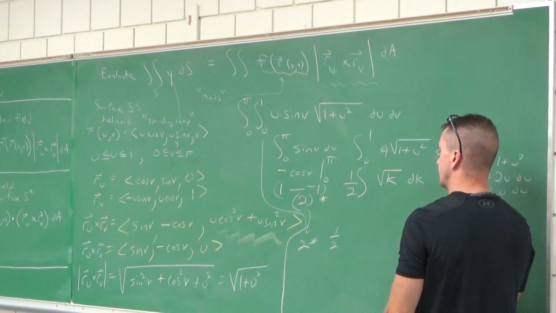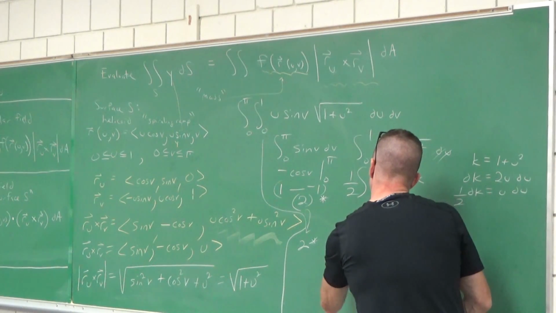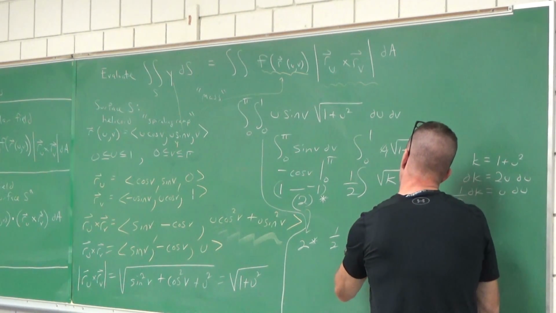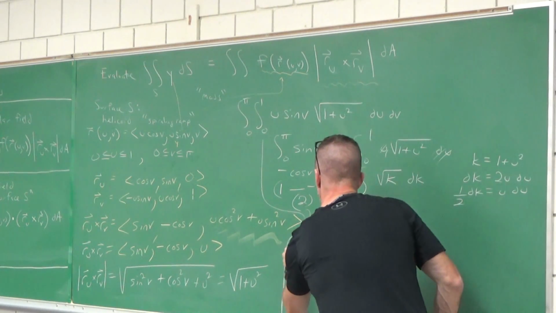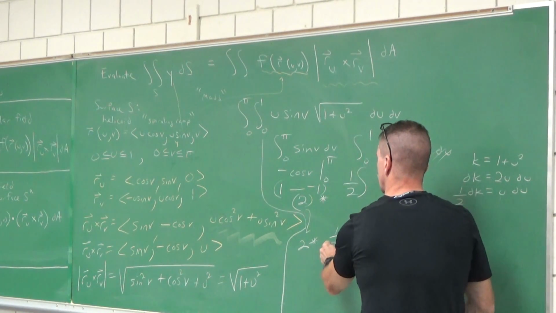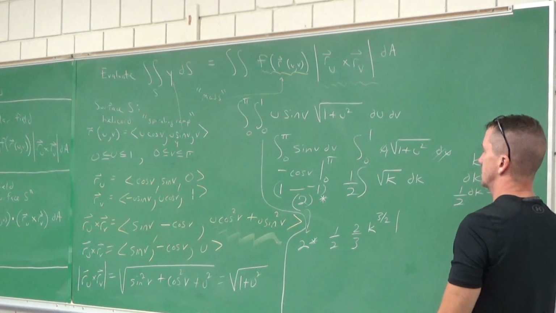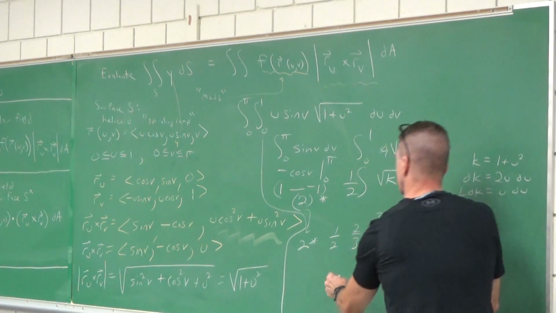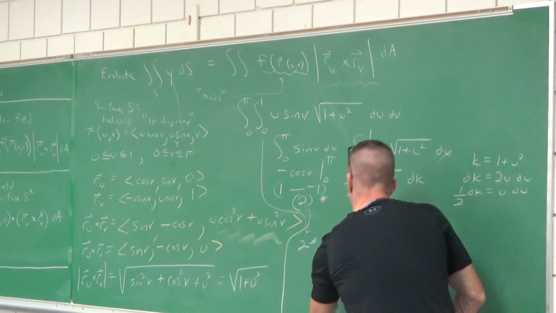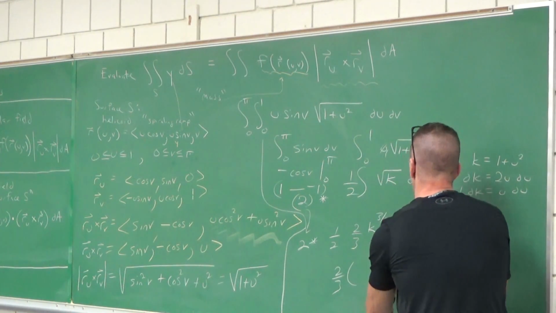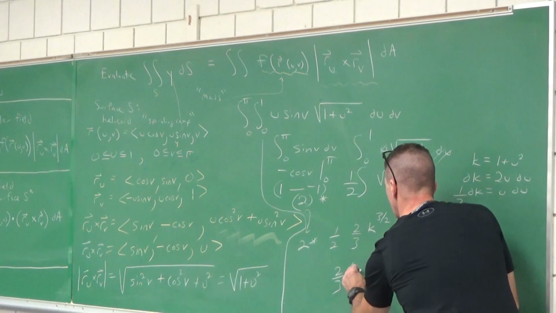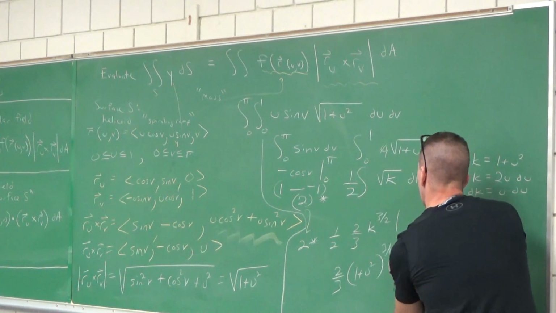What's that antiderivative? 2/3 of k to the 3/2. I'll put my k back. 2 times 1/2 is just what? A 1. What's 1 times 2/3? 2/3. I'll put my k back. k was 1 plus u squared. We'll go from 2.